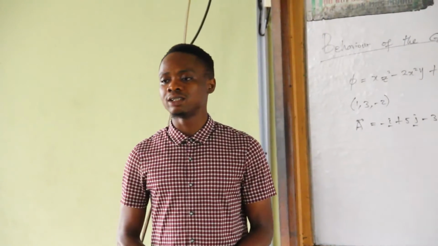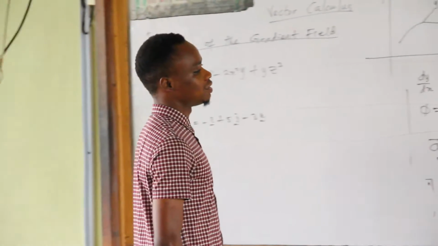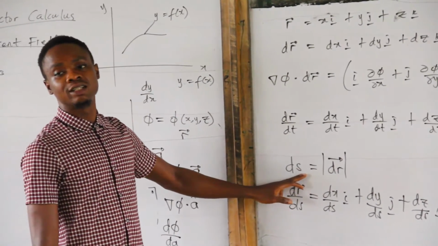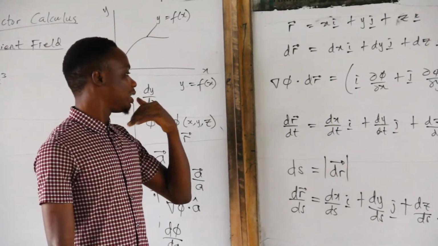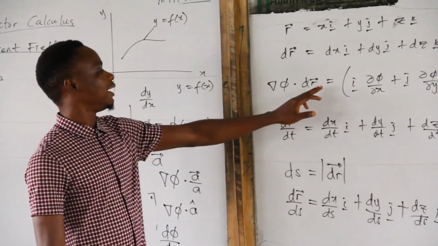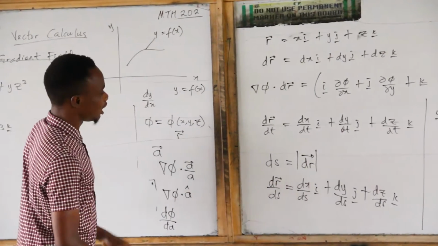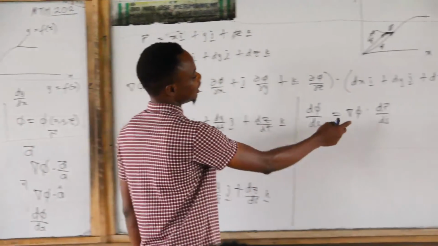So, listen very well, please. The usefulness of nabla, like we just saw, is that when I needed to get the derivative of phi in the direction of r, I could easily do that by carrying this out.